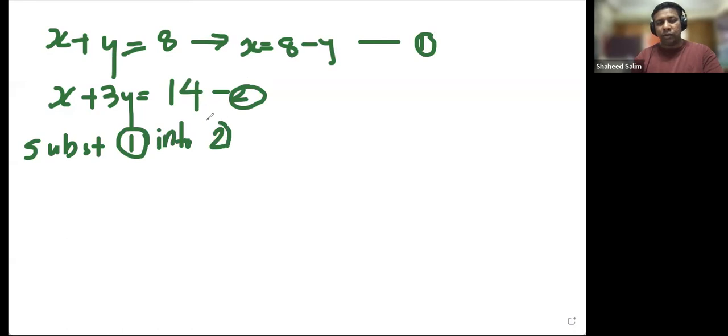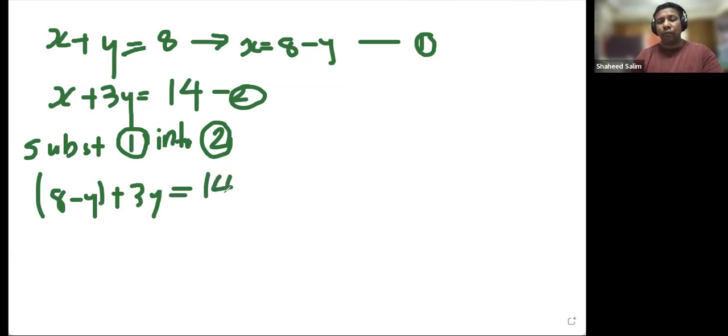So I write down equation 2. When I write x, actually, I'm supposed to substitute the value of x on here. So I can write the bracket like that, 8 minus y. Then I copy plus 3y equals to 14. Notice now I only have y.